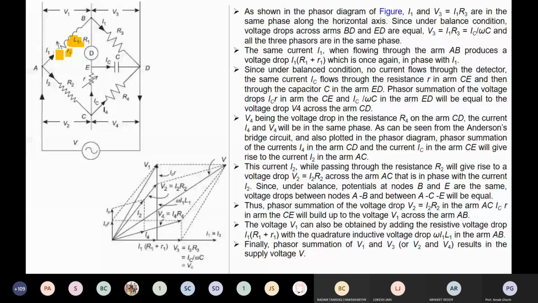So you can see the detector. Z1 is your Z1 path, connected in between A and B, and its voltage drop is your V1.